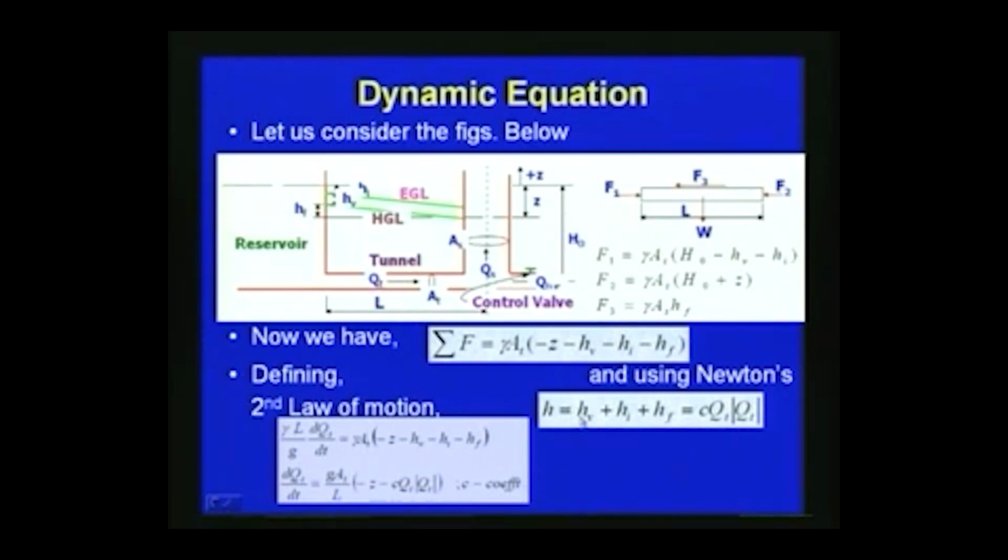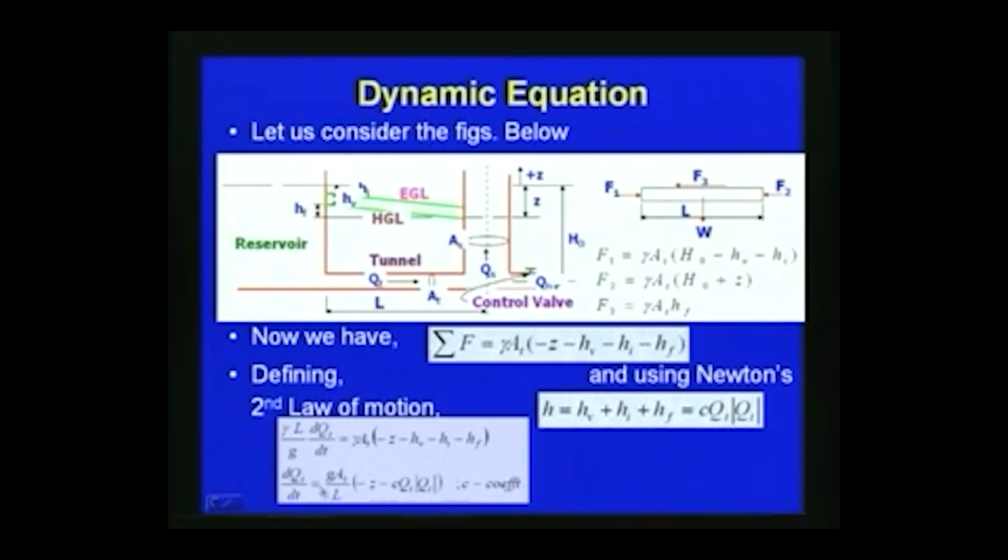Here H is equal to HV plus HI plus HF, and with respect to Darcy's equation which we have seen earlier, we can write this as C into Qt into modulus Qt.